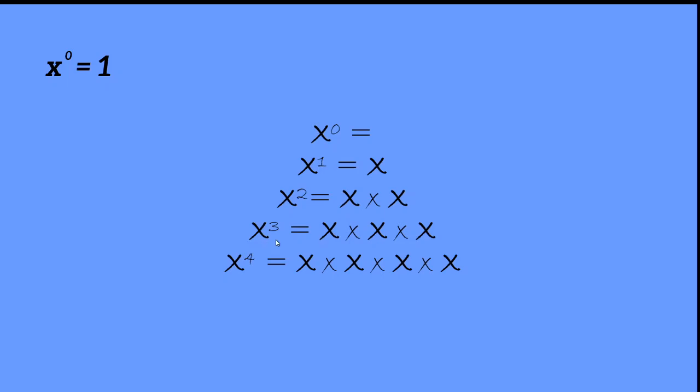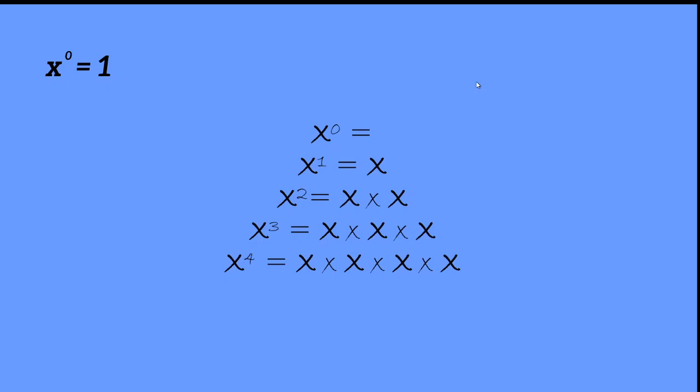If I divide x to the power 3 by x, I get x to the power 2. x to the power 2 divided by x gives x to the power 1. And x to the power 1 divided by x gives x to the power 0. So what is x to the power 1 divided by x? It is x by x, which is 1. So you get it. That is one way that we can understand why x to the power 0 is equal to 1.